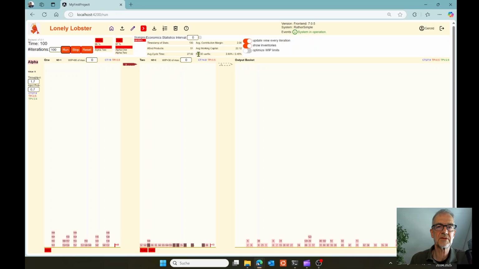Also, there's a return on capital engaged. That's also one of the terms that you find defined in the documentation. It basically says how efficient your company is actually working, or how efficient this setup of a value chain works, basically.